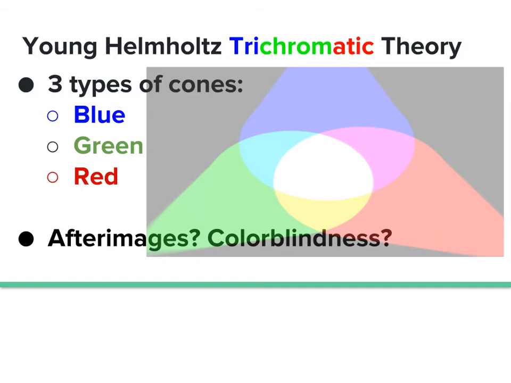So again, each type of cone is responsible for one of the primary colors of light, or the wavelength that corresponds to that perceived hue. Again, we have cones that detect the different blues, cones that detect the different greens, and cones that detect the different reds.